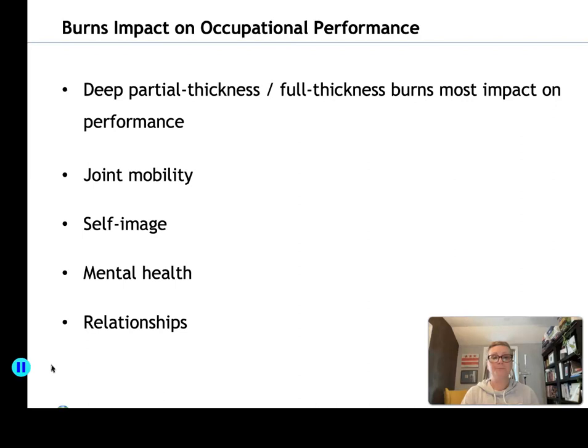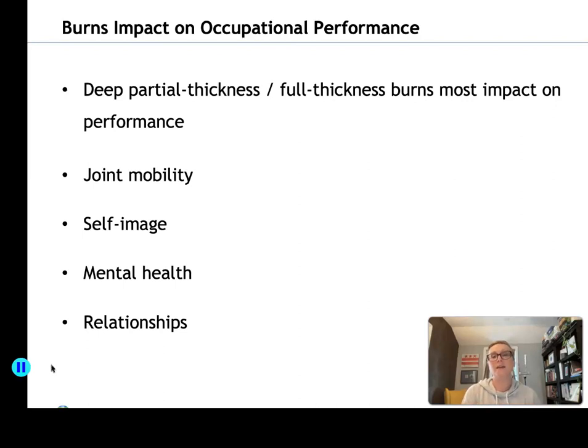So you can see, big picture, burns are not just from a physical perspective impacting occupational performance, but from a mental health perspective, from an emotional perspective, from a psychosocial perspective. So it's more than just physical, it's the whole human.